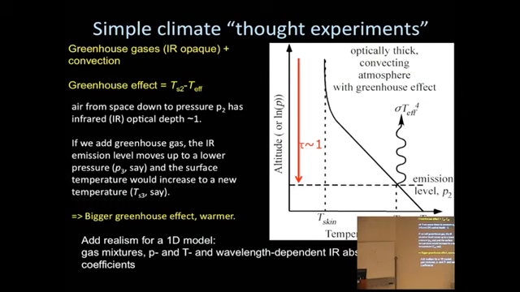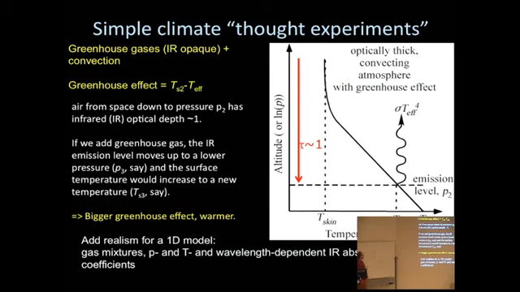So if we were to stir in more greenhouse gases, all that would happen is the surface temperature would increase, it would shift this way, and our emission level would go up, right? The level of unity optical depth, because now we've got more optical depth down at the surface. And that basically is how a 1D climate model works, and it is a reasonable approximation for how climate works as a whole.